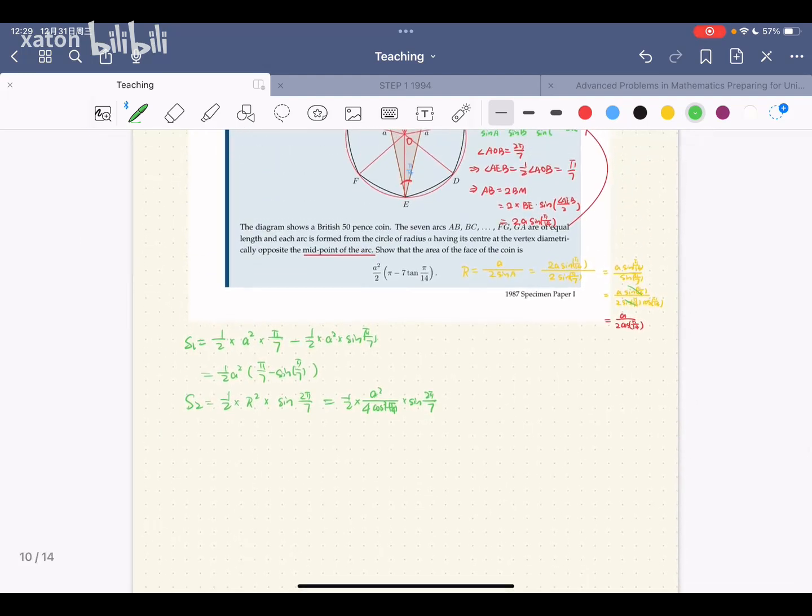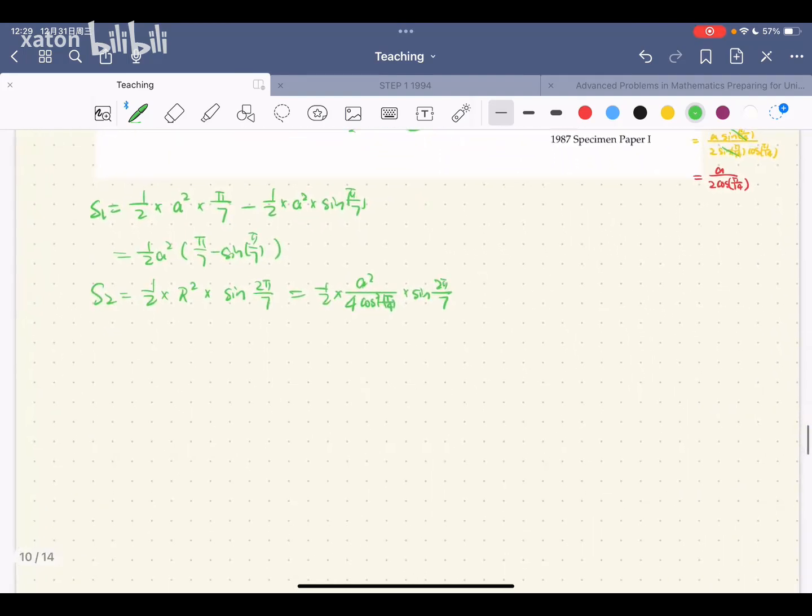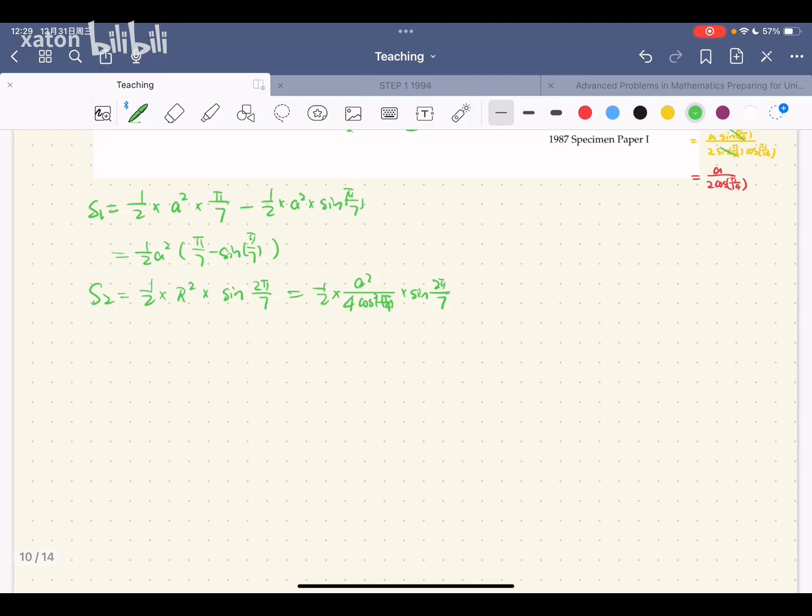Looking at the result we want, we see tangent, so we will think about how to transform sine and cosine into tangent maybe. And yeah, only b and some trigonometry. That's the form we want, at least. So now we add them up.